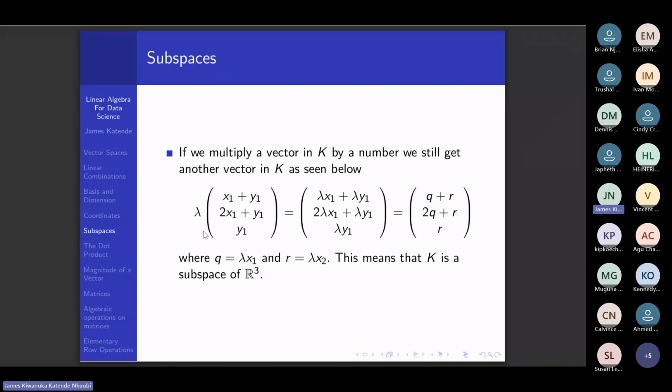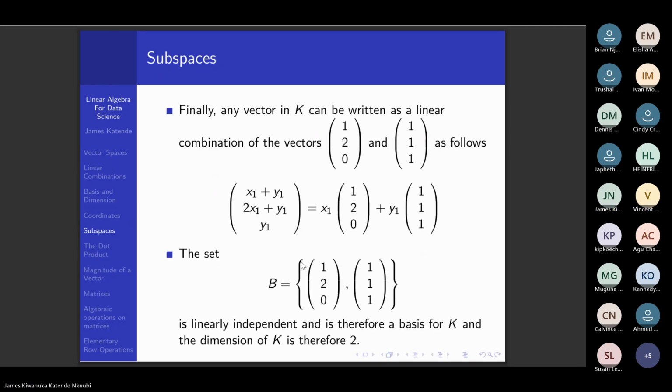So then we have confirmed that this set K is a subspace of R3. Now, if you pick any vector of this form, observe that it's possible to write it as a linear combination of these two vectors.